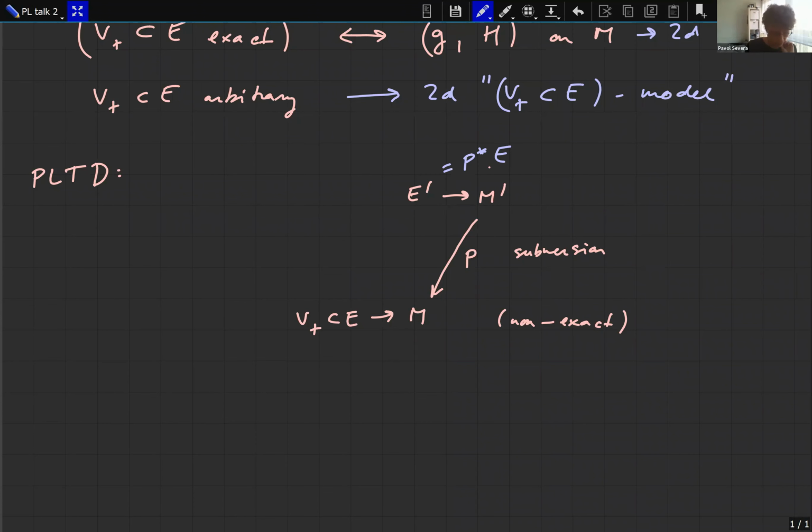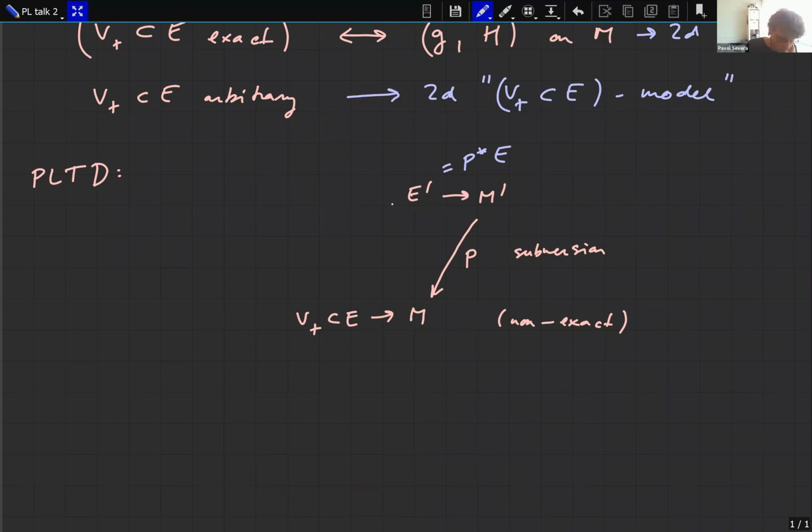And the reason why I'm writing it as E prime and not as P star of E is that I want this E prime to be, again, a Courant algebroid, and in a way which is compatible with the Courant structure on E. Which means that if we pull back sections of E to sections of E prime, then the Courant bracket should be the same, and similar stuff. Now it turns out that such a Courant structure on E prime might exist or might not exist, and it is not necessarily unique.